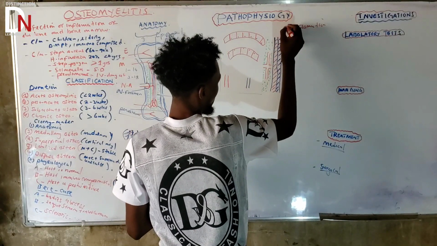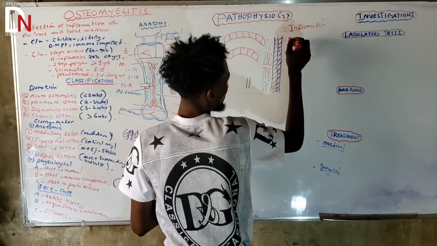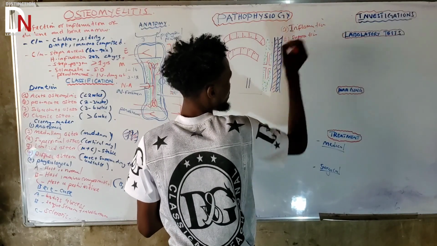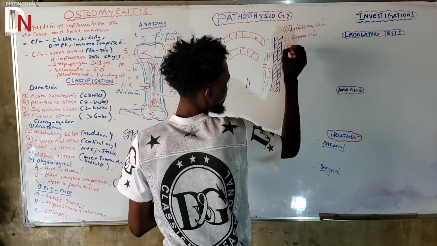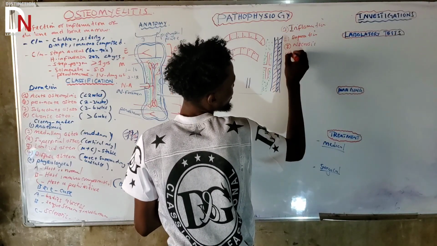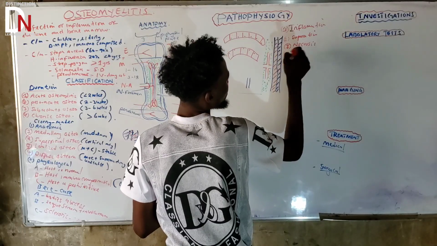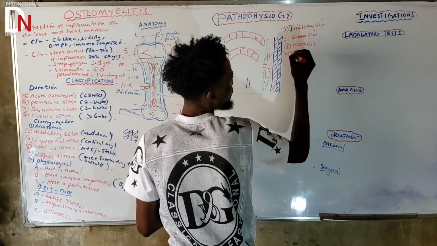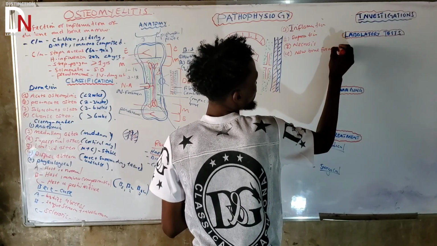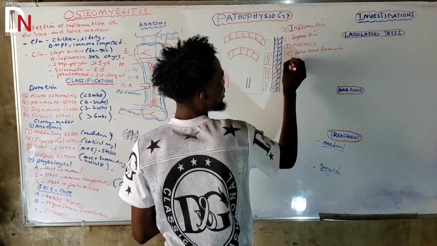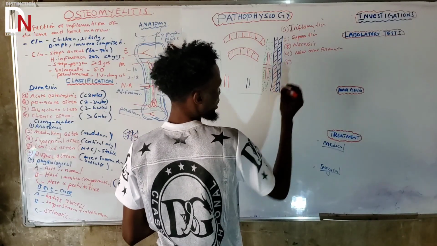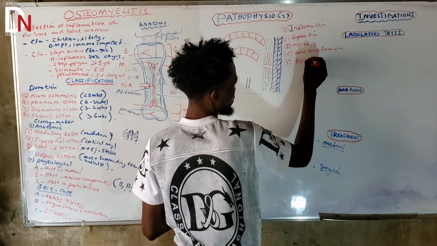The second step is suppuration or pus formation. Number 3, there will be necrosis. Number 4, there will be new bone formation. Number 5 is resolution.